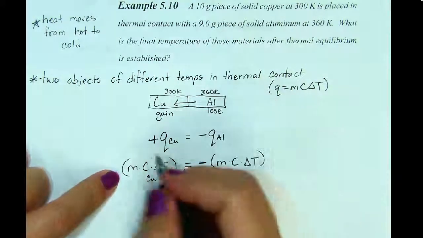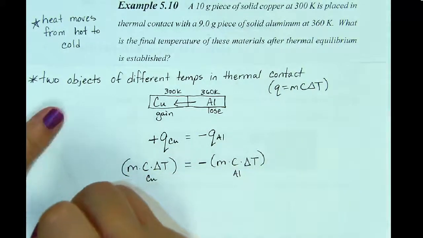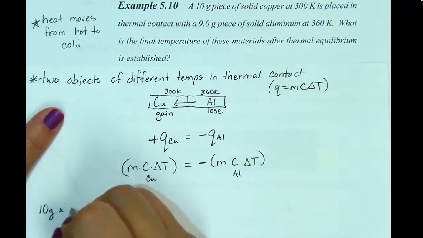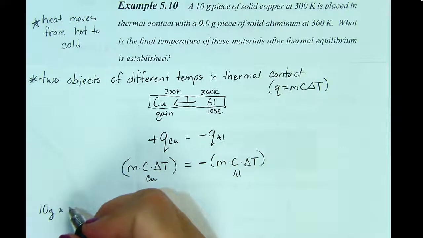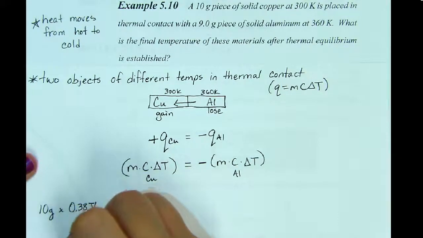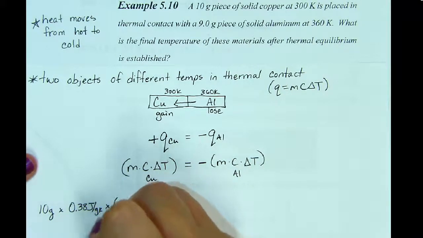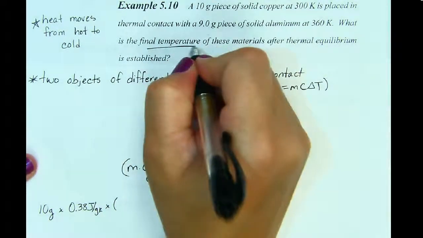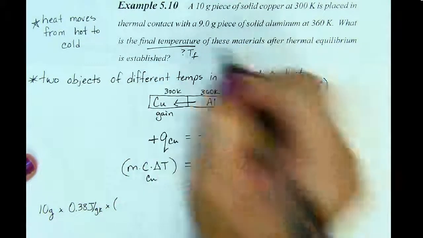We have a 10-gram piece of copper, so we'll have 10 grams of copper times, and they didn't give it to you in the problem, but you would be provided this information, the specific heat of copper is 0.38 joules per gram Kelvin, times a temperature change of, we don't know the final temperature. That is what we're trying to figure out, what is TF.